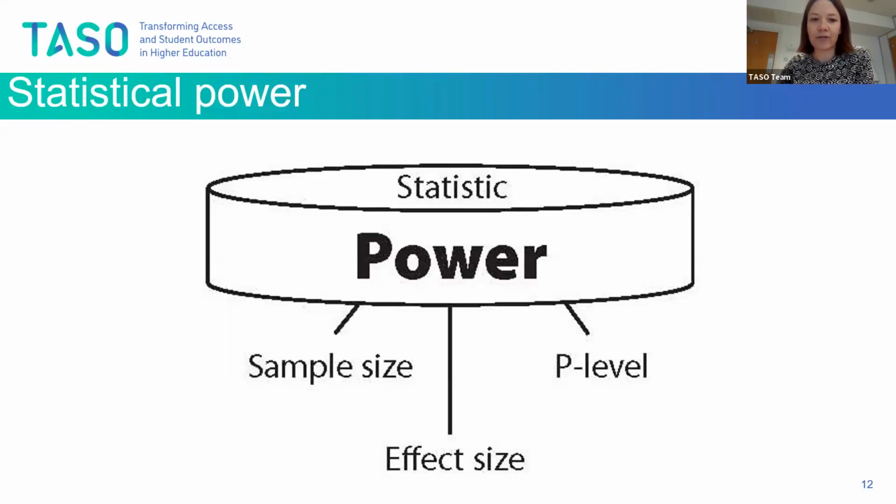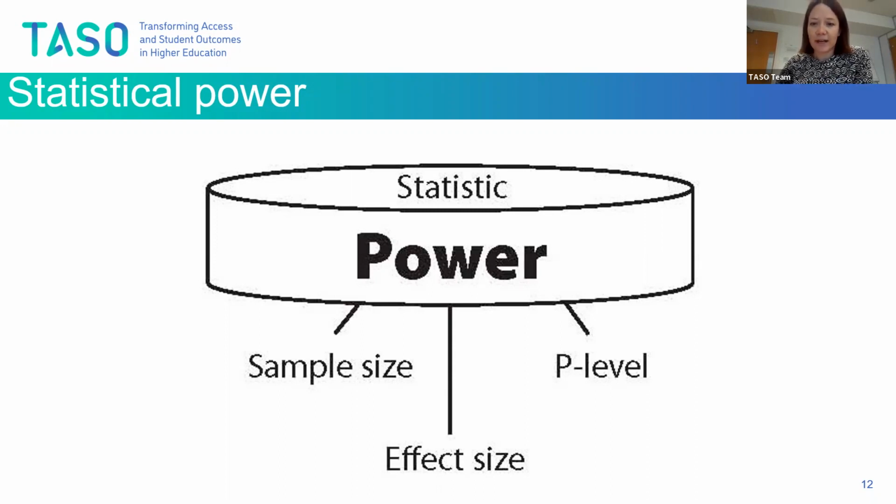So I sometimes think of statistical power as the muscle that we need to be able to detect a difference between the two groups that we're studying, so the treatment and control, and ensure that we don't miss finding any differences. So accidentally think that the effect doesn't exist just because we've missed it in the group that we're observing.